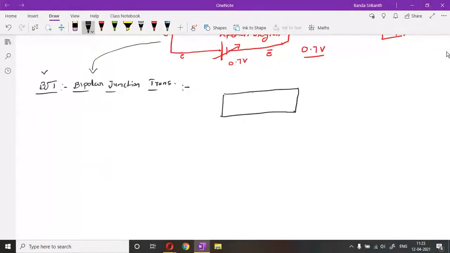There is a region, one region is the emitter. Then another region is the base.